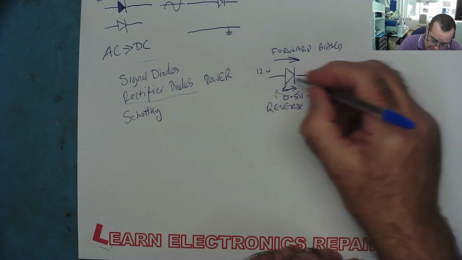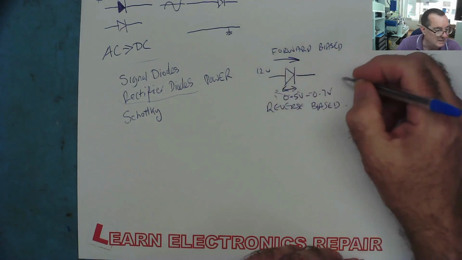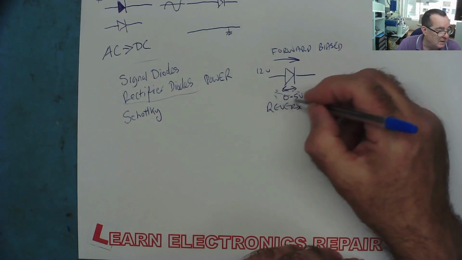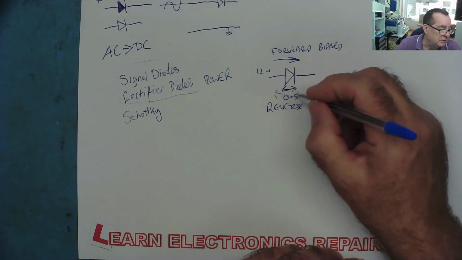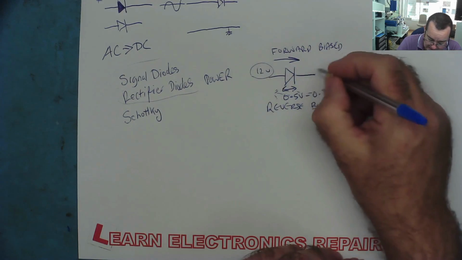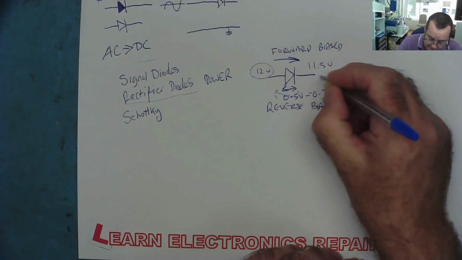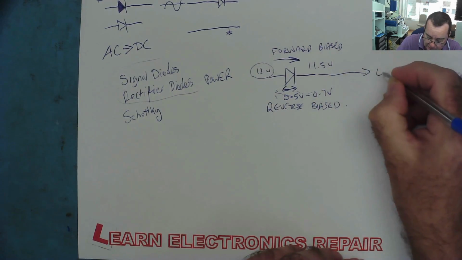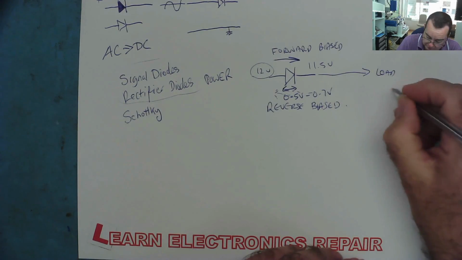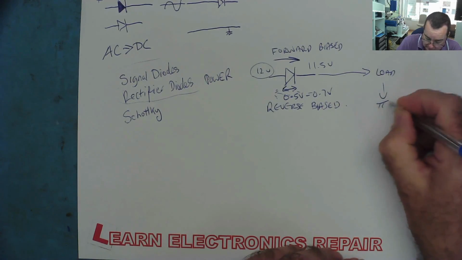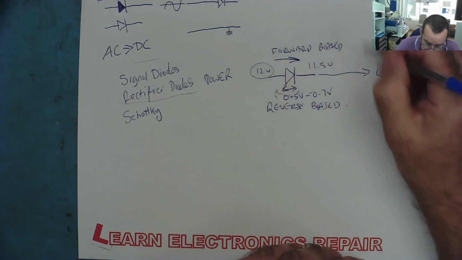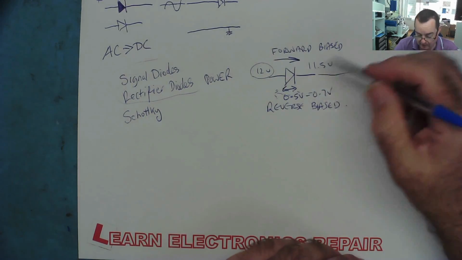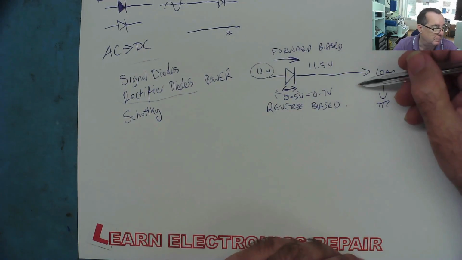So when you pass current through a diode in the forward direction, you lose a bit of the voltage. If there's 12 volts coming in here, on this side there'll be about 11.5 volts, and that'll be going to your load, whatever's drawing the current, to ground. Okay. So this is an important property of diodes. They have a voltage drop.